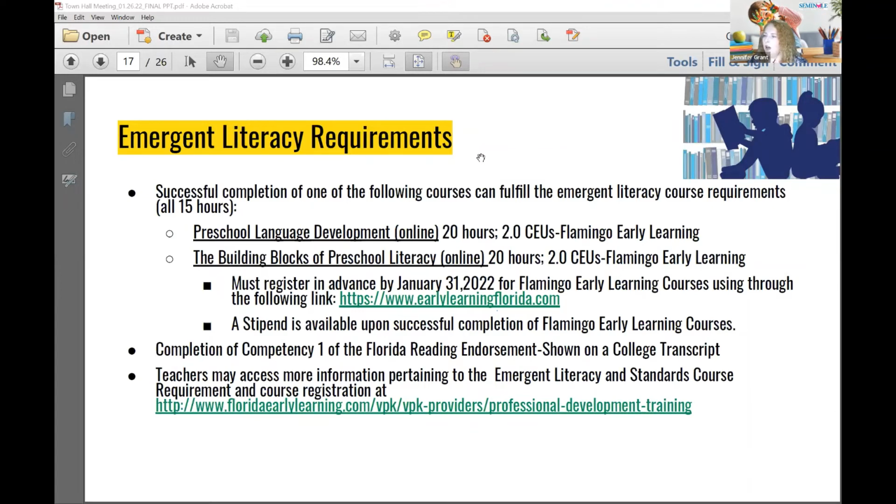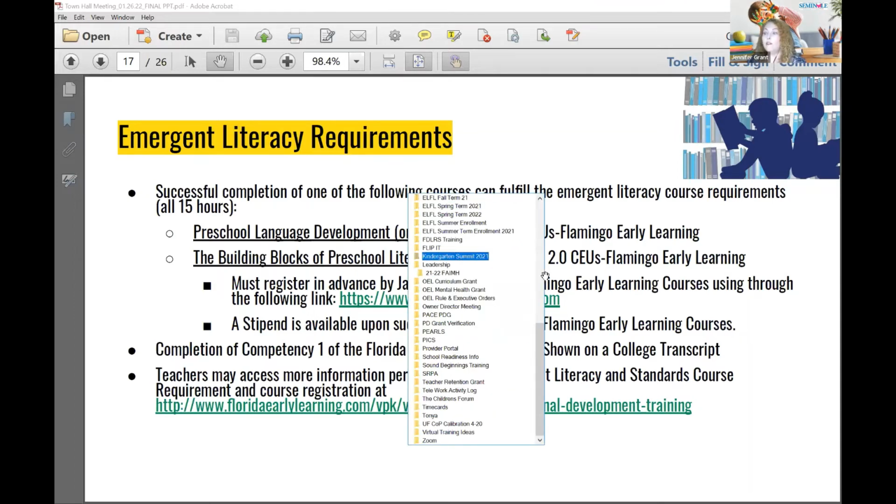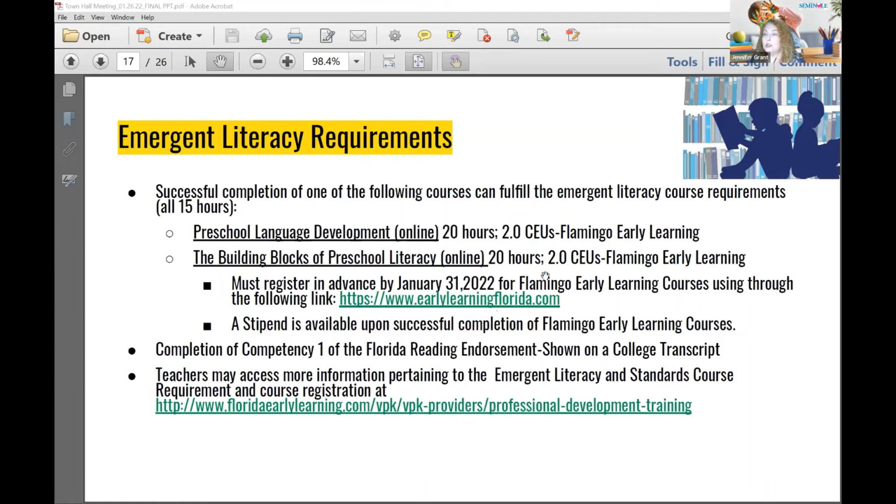Vanessa, you said you thought 3 total if we previously had 2 emergent literacy classes. If you took 2 of the ones that are allowable, then you only need to take 1 more. But if all of your previous emergent literacy courses were before that 2018 requirement, then you would have to take 3 of the courses that are eligible to meet this requirement now.